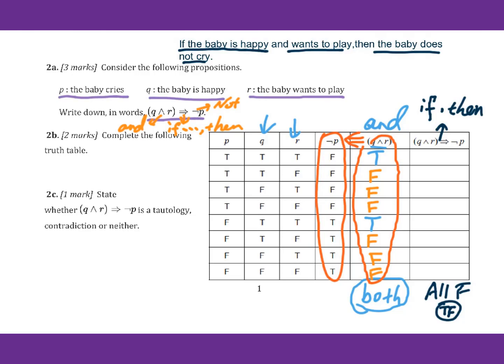From Q and R implies not P. In other words, you have to say this way. It's a true, false will be false. Rest of them will be true. So this is a false. That's the only false. The rest of them will be true.